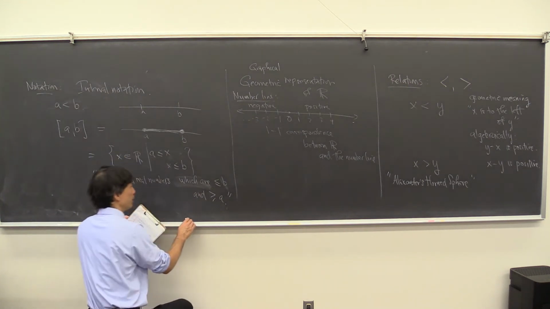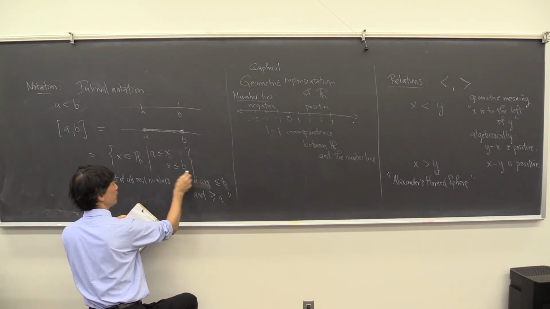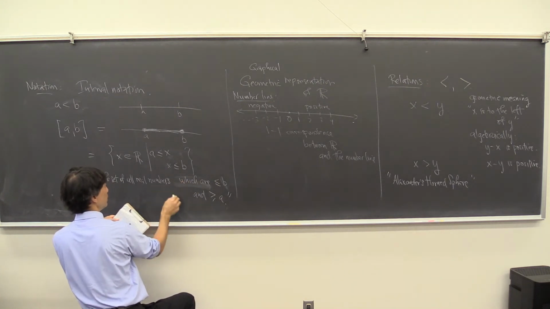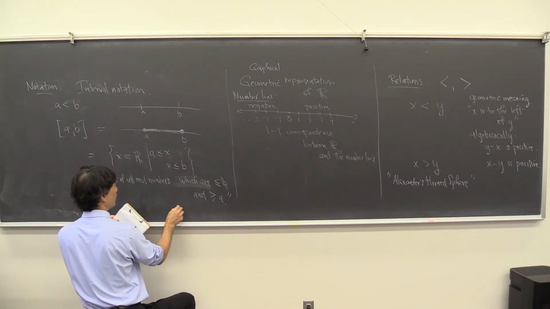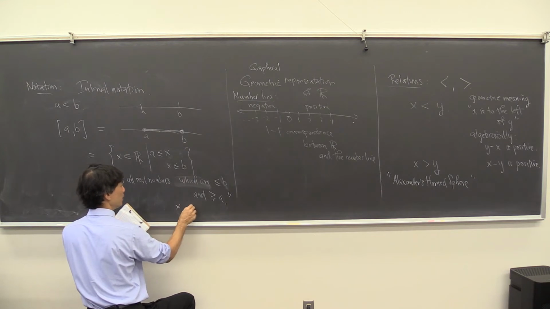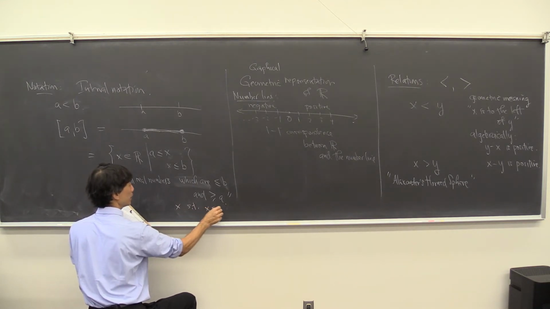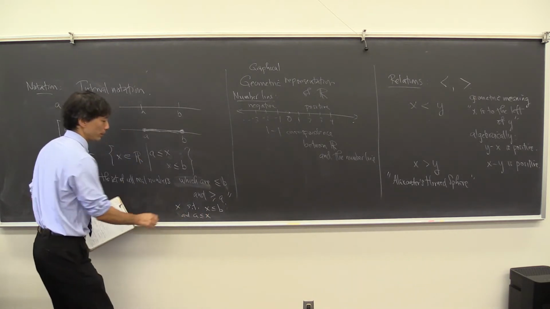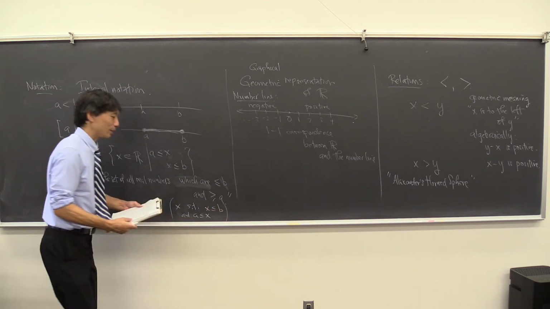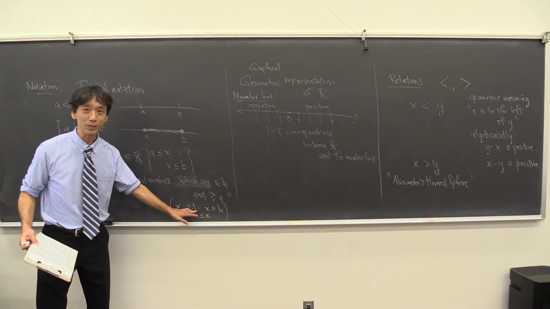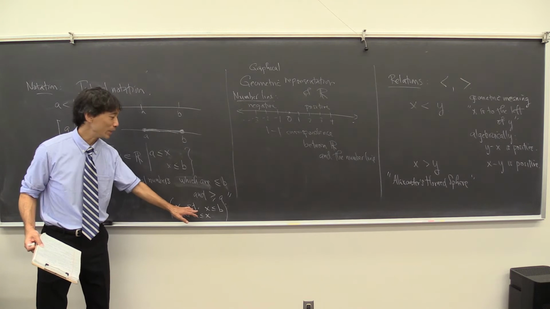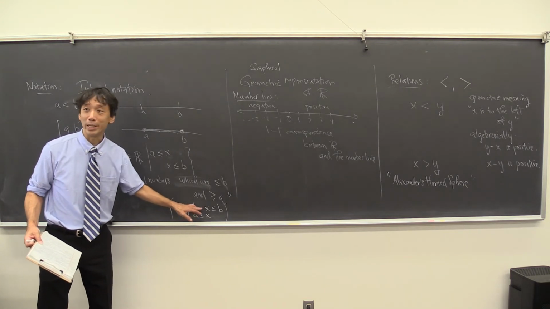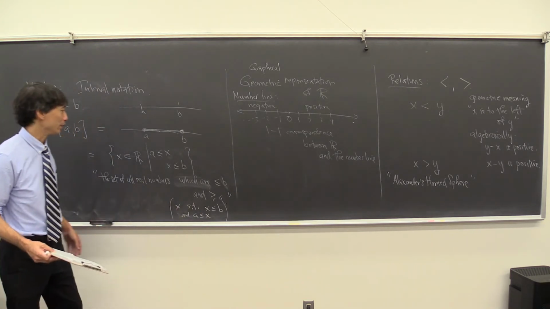Let me also say that this is a little bit clumsy. Mathematicians would usually say something like: all real numbers x such that x is less than or equal to b and x is greater than or equal to a. You'll see people use this phrase "such that," which basically means "with the property that."